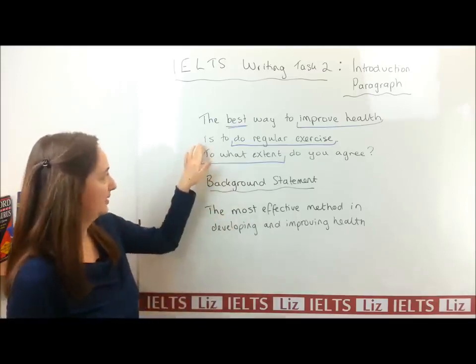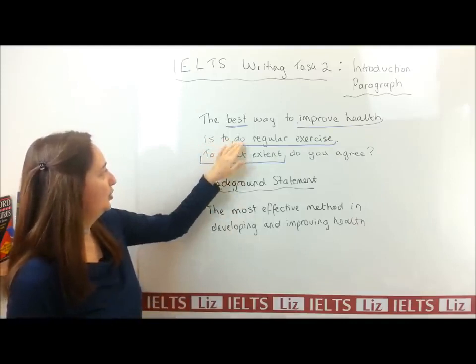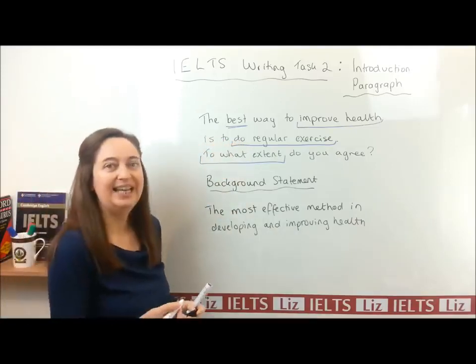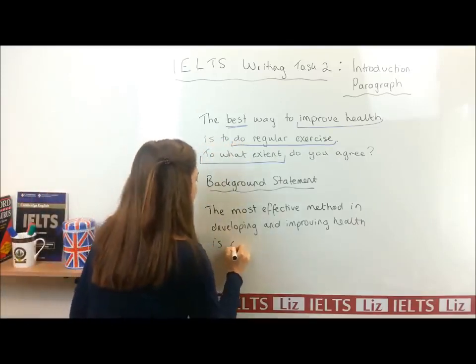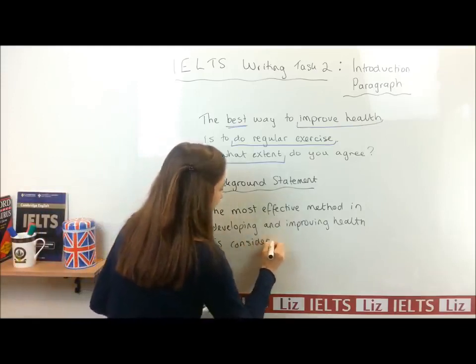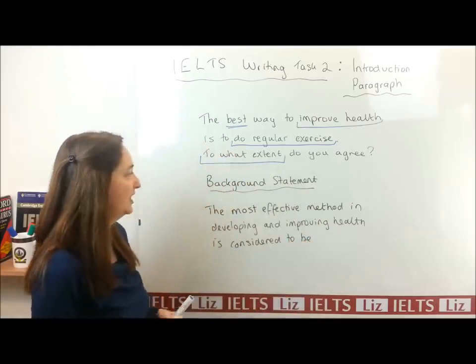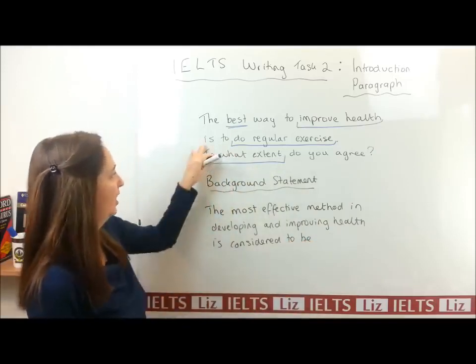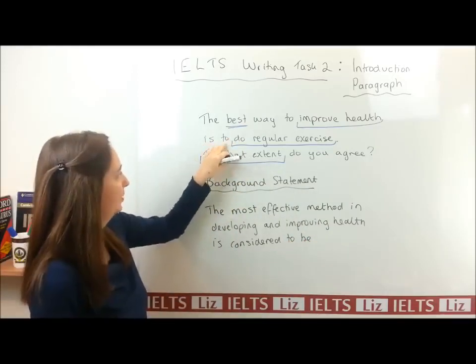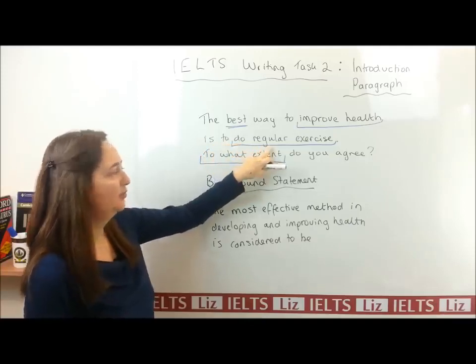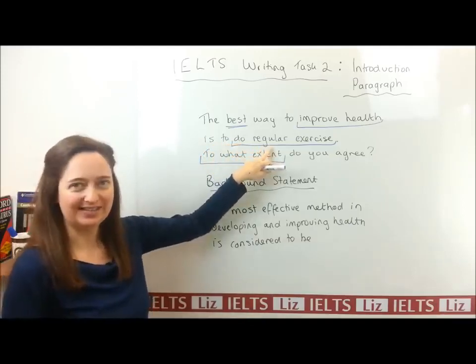Now we need the next bit. They say is to do. I will say is considered to be. So I've changed this part for considered to be. And now we've got regular exercise.